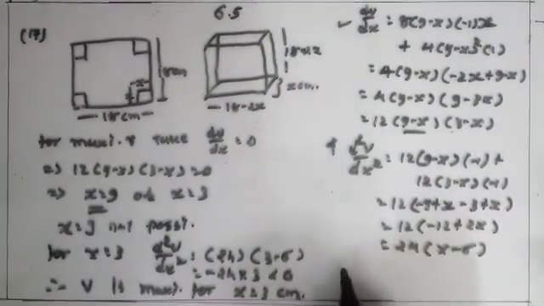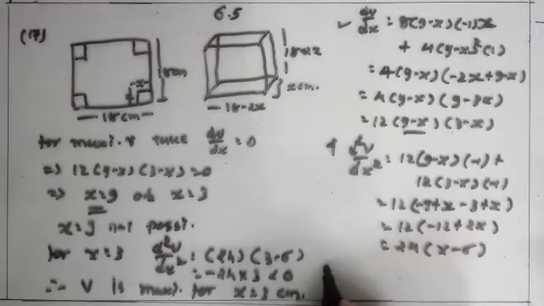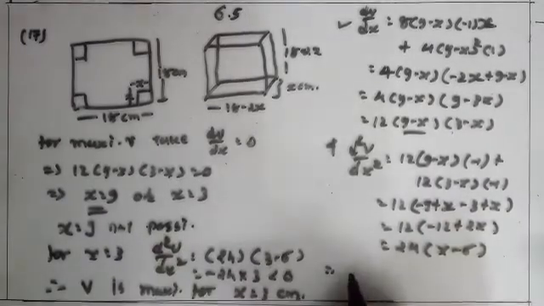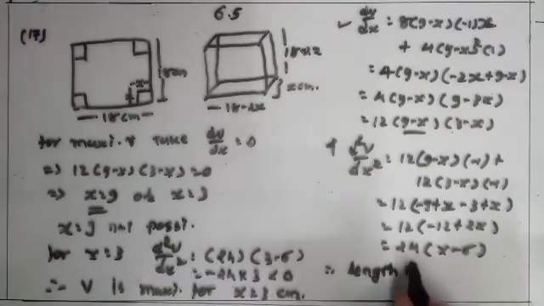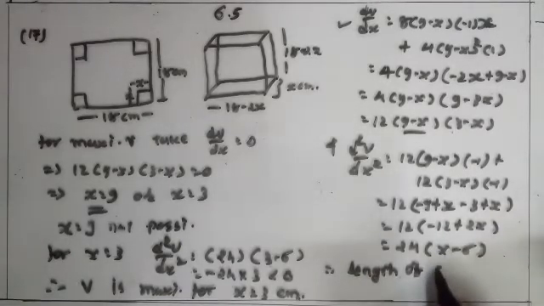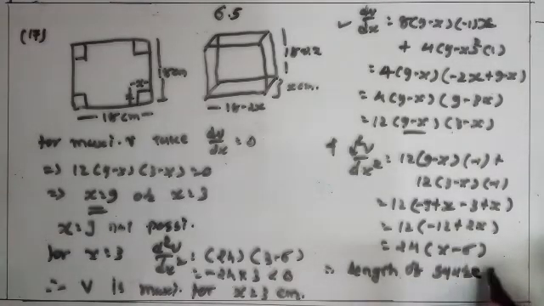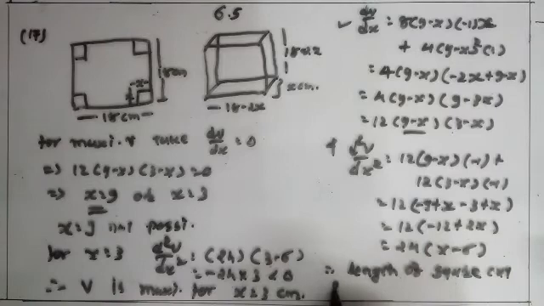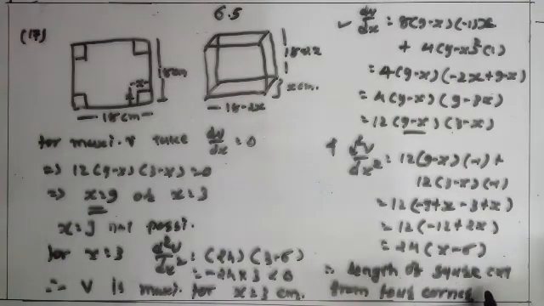Therefore the length of the square cut from the 4 corners is 3 cm. Clear?